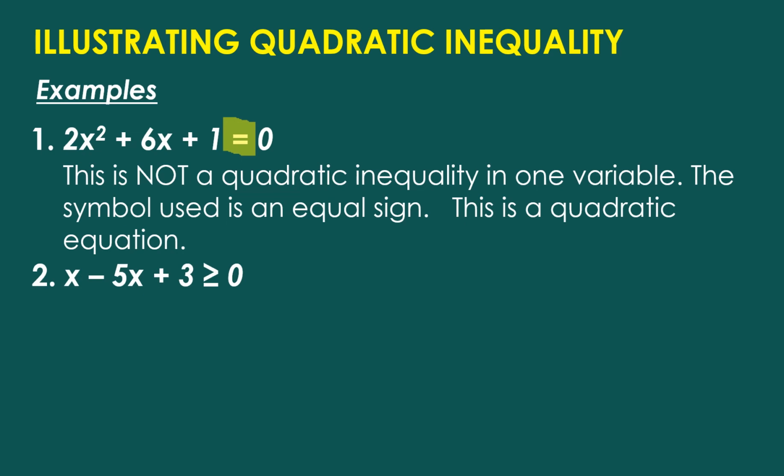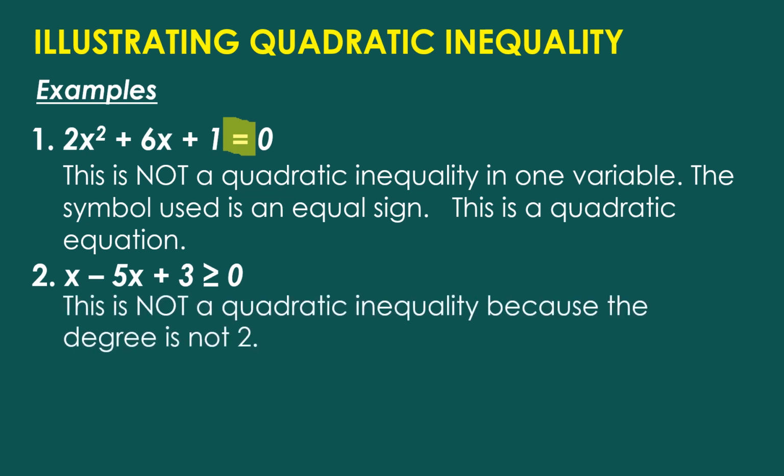Number 2. x minus 5x plus 3 is greater than or equal to 0. Is this a quadratic inequality? The answer is no. This is not a quadratic inequality because the degree is not equal to 2. Number 3.